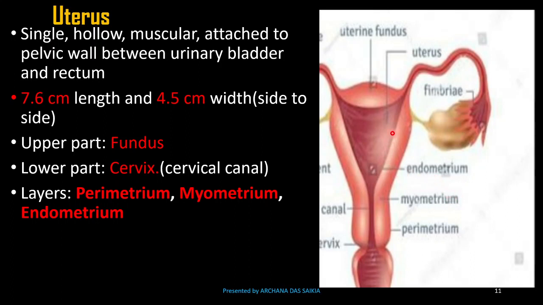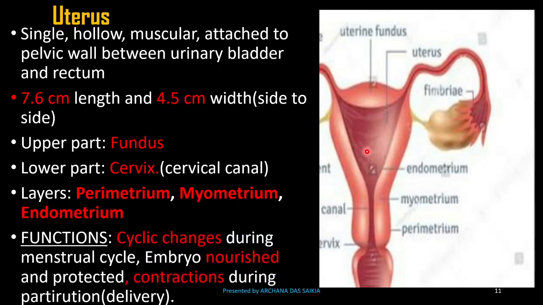The endometrium is richly supplied with blood vessels, and when pregnancy takes place, it is responsible for providing nutrition to the developing fetus. The functions here are cyclic changes during the menstrual cycle. We call the events that take place prior to reproduction, the release of the egg and all the events that follow, the menstrual cycle.